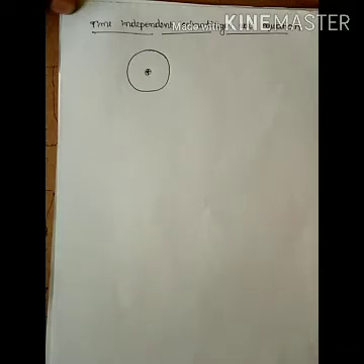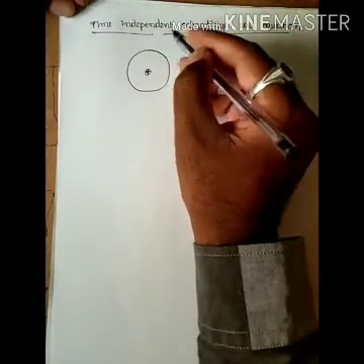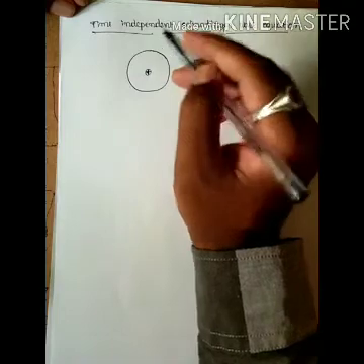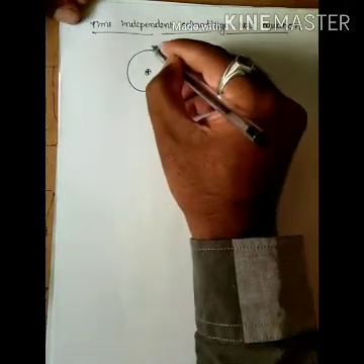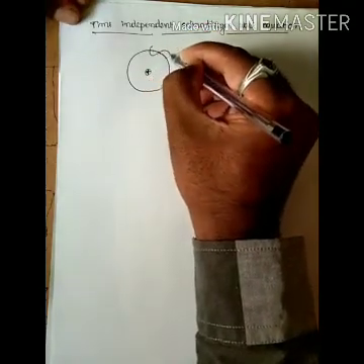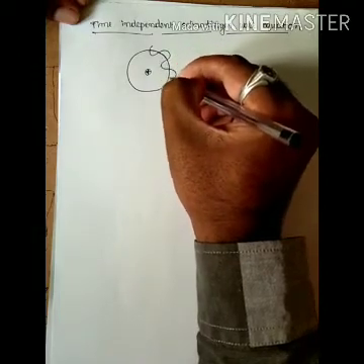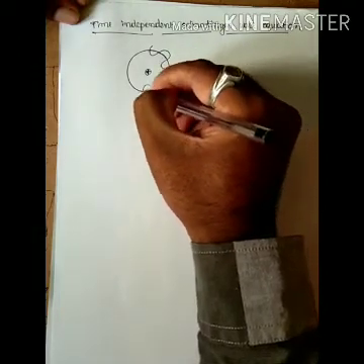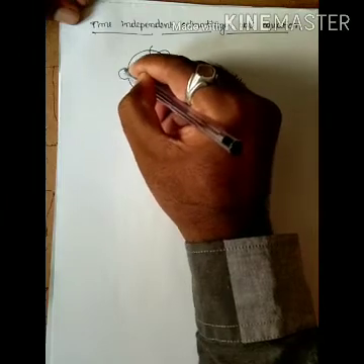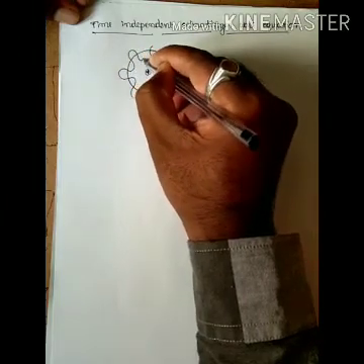That means the electron is revolving around the nucleus in 3 dimensions, that is in x, in y, as well as in z direction. The actual movement of the electron around the nucleus in its orbit is like this.